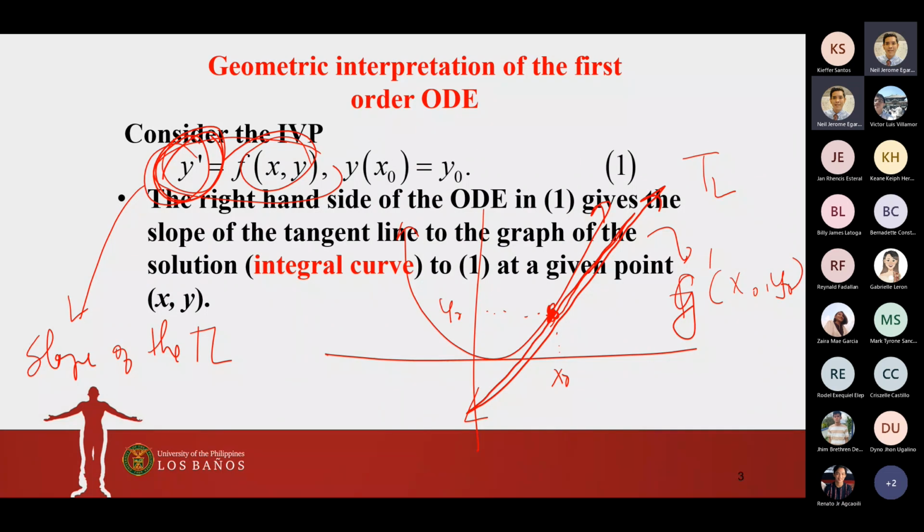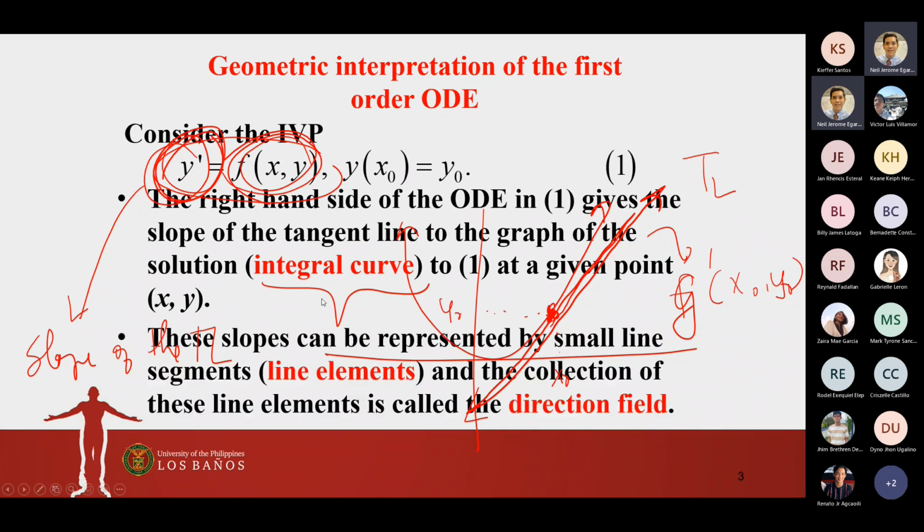So basically, our interpretation for the solution, which is sometimes called the integral curve, this is the collection of points na ang tangent line ay may slope equal to f of x comma y. Right? And with that knowledge, we can have an analysis of the solution of the ODEs even without solving the ODE itself. At yun yung gagamitan natin ng tinatawag natin na line elements comprising what we call the direction field.